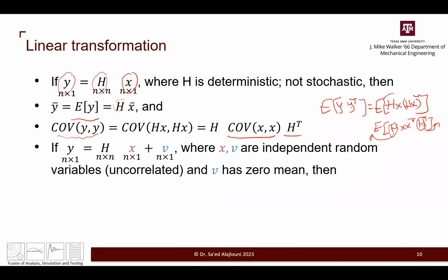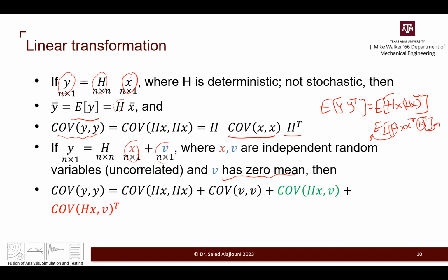The next thing: let's assume that we have an additional random variable v that we sum to h x. Let's assume for now that v and x are uncorrelated, and that v is zero mean.